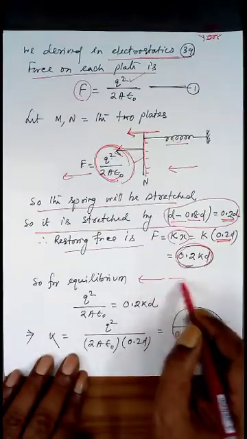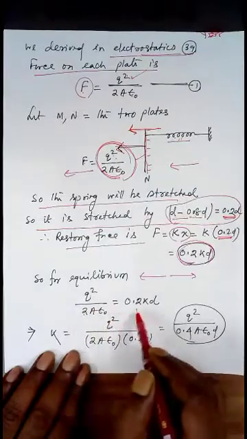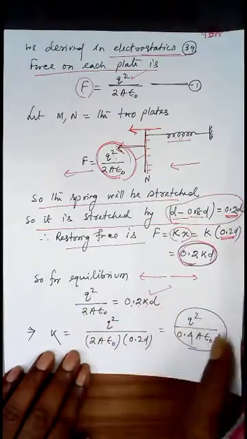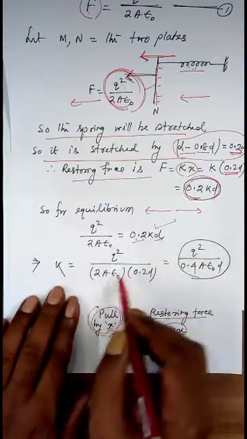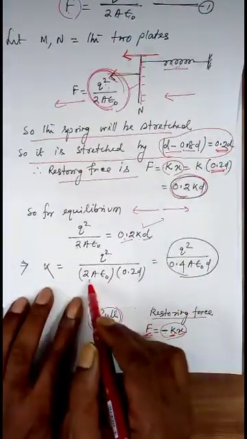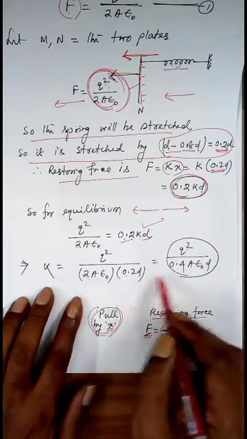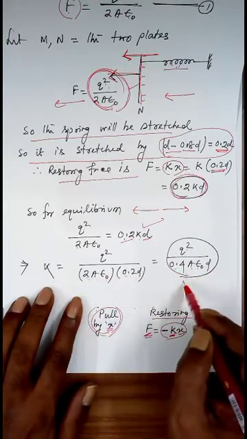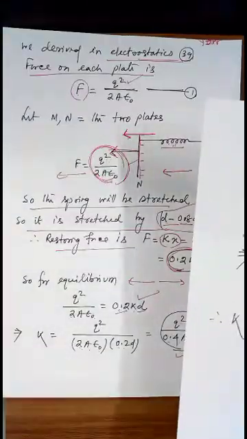So Q squared over 2A epsilon naught is 0.2kd. I bring 0.2 and d to this side. So k becomes Q squared over 2A epsilon naught times 0.2d, that is equal to Q squared over 2 into 0.4 A epsilon naught d.